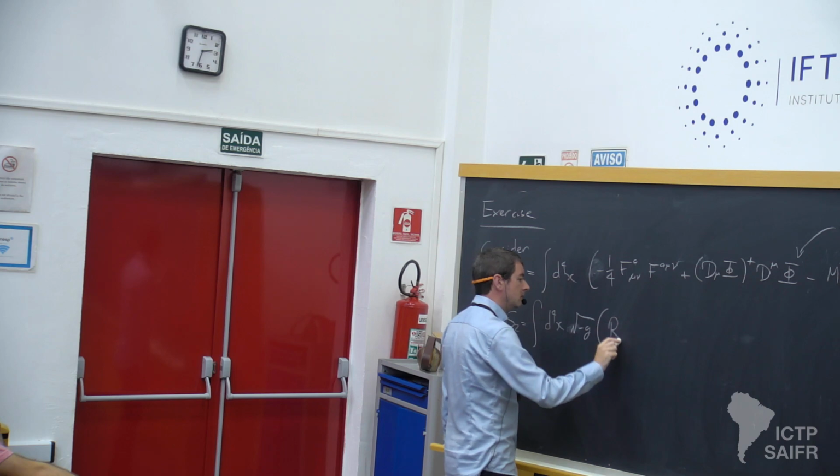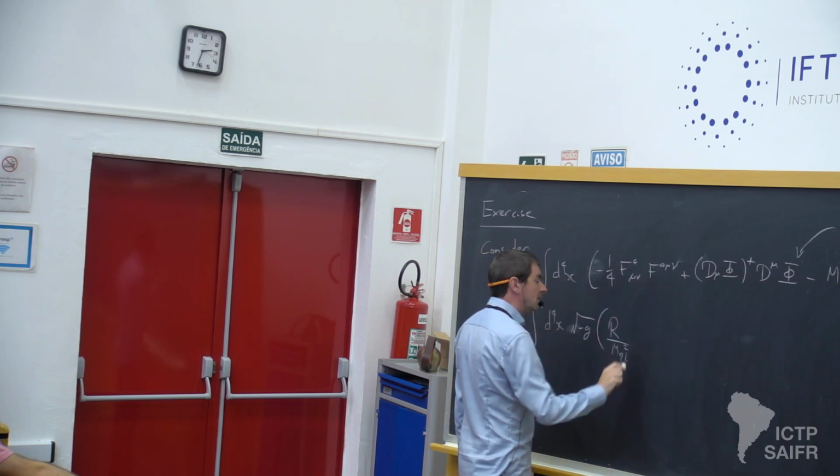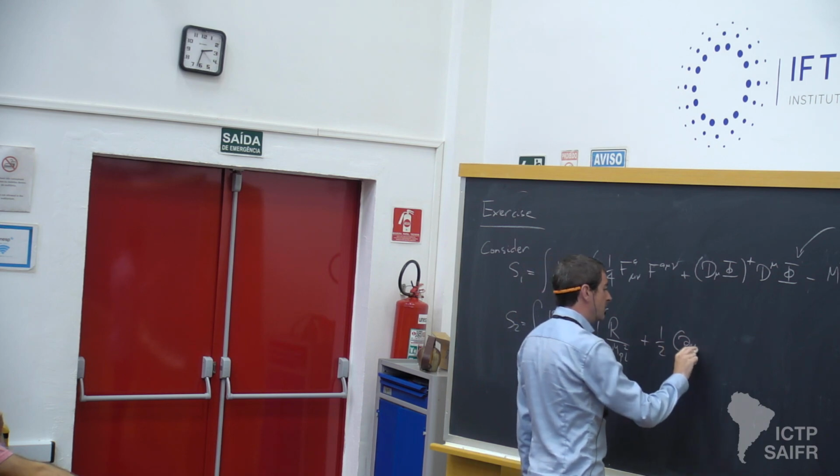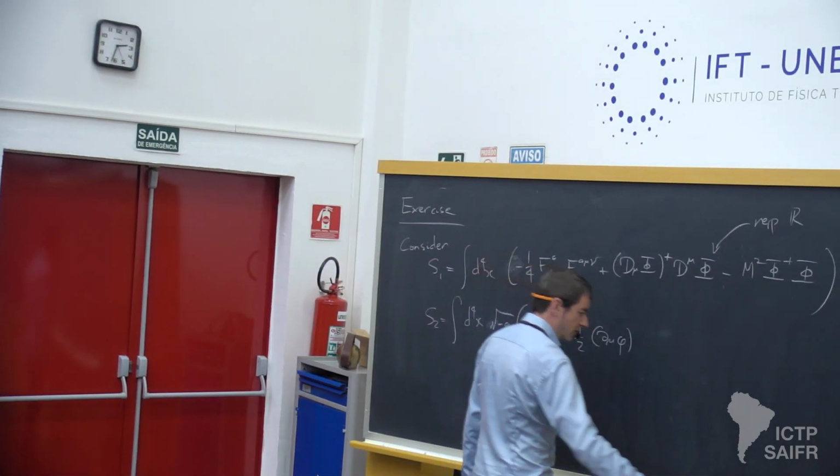so gravity, plus a half d mu phi, there's a g mu nu.